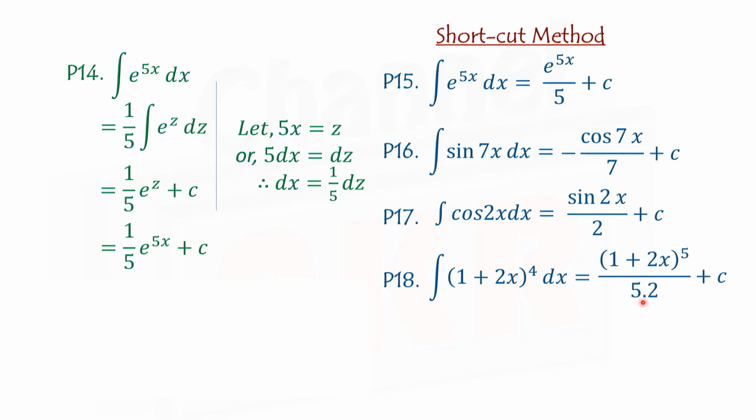The power is increased by 1, according to the formula. Then differentiating this portion 1 plus 2x, we get 2, so put the 2 in the denominator. Okay, and we get the answer, right?